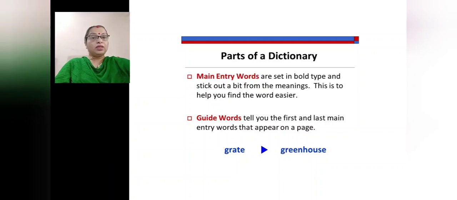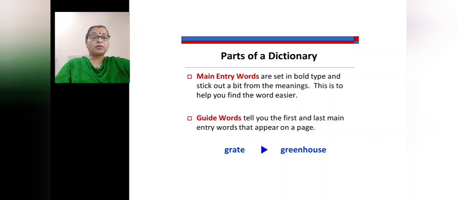Let us see the parts of a dictionary. First is main entry words. These are set in bold type and stick out a bit from the meanings. This is to help you find the word easier. Guide words. Guide words tell you the first and last main entry words that appear on a page.